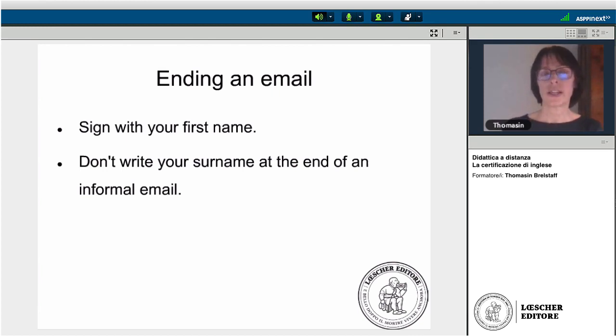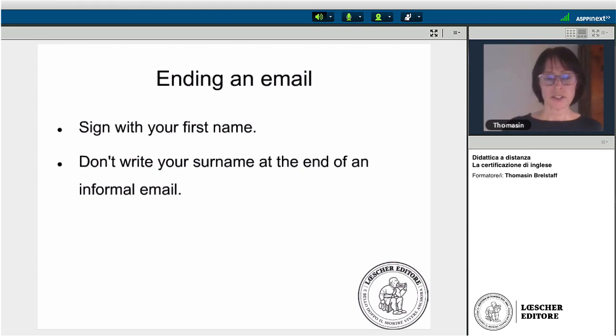Don't write your surname at the end of an informal email. If you were writing to a teacher, maybe you could put your surname, but usually teachers know us well enough not to need to use surnames. But it's important because it's part of the convention of writing an email. So if you don't sign your name, your email is missing something and you might lose a mark.